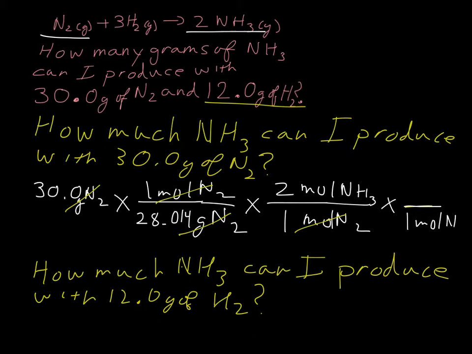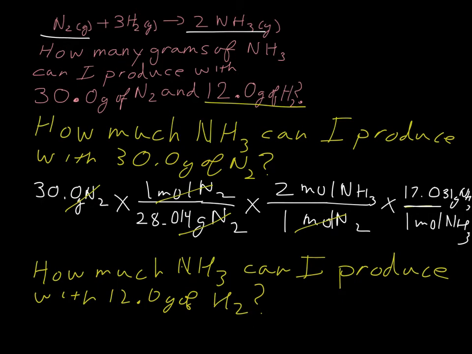I always know the relationship between moles and grams because that's what the periodic table tells me. And 1 mole of ammonia has 14.007 grams of nitrogen and 3 times 1.008 grams of hydrogen for 17.031 grams of ammonia.